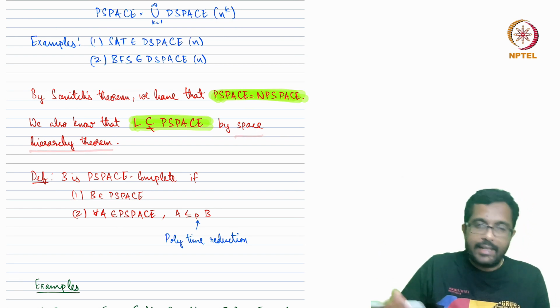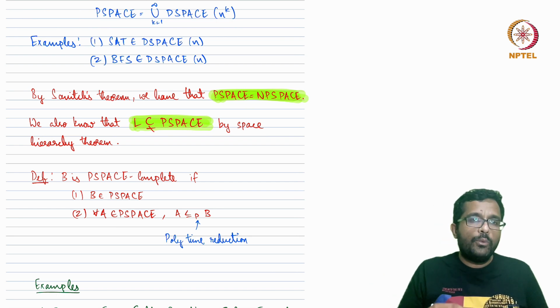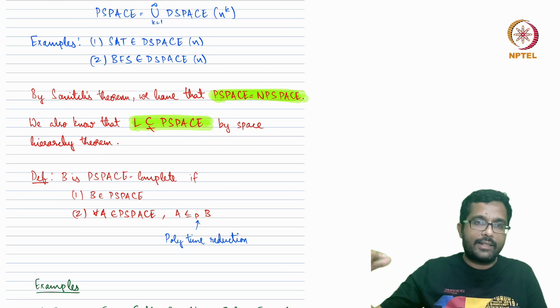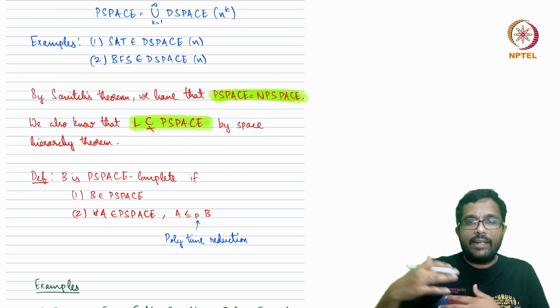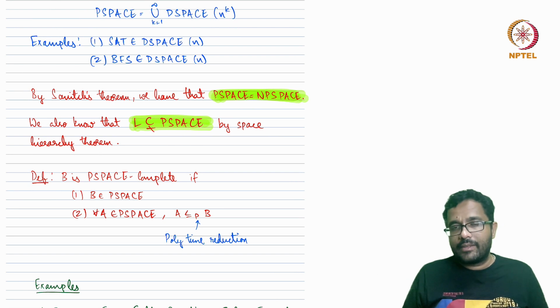Okay, so which again is another topic that I will not cover. The space hierarchy theorem basically says that if you have two functions, let's say n cubed and n squared, right? So n cubed is clearly bigger than n squared, meaning the limit of n cubed divided by n squared tends to infinity.